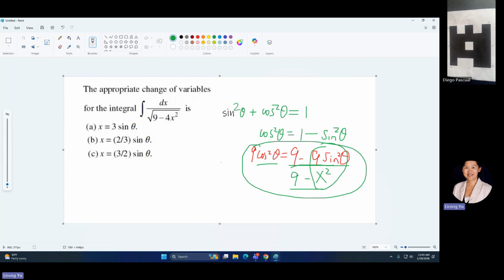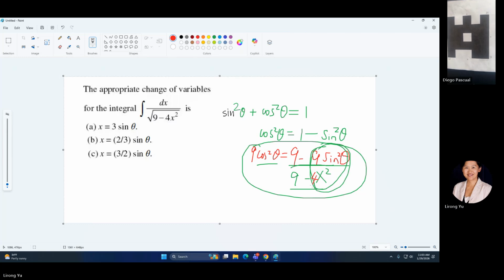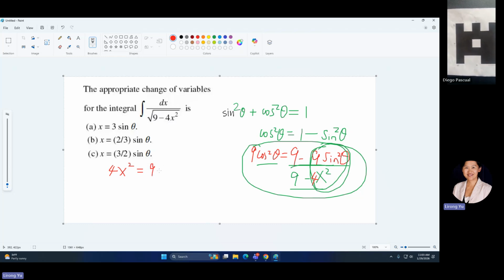To make the substitution right, you have to get this to work. Oh, there was a 4, right? 9 minus 4x squared. There's a 4 there. So we have to have 4x squared equal to 9 sine squared theta.